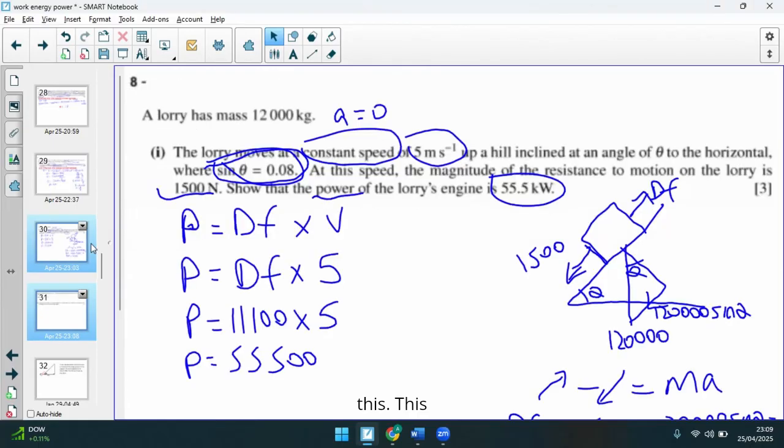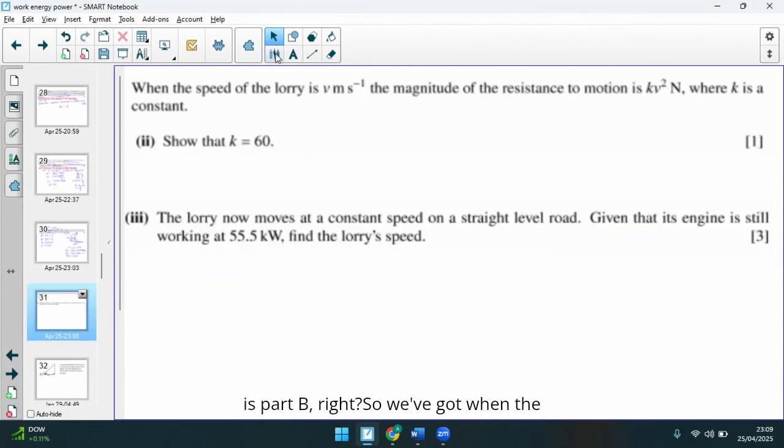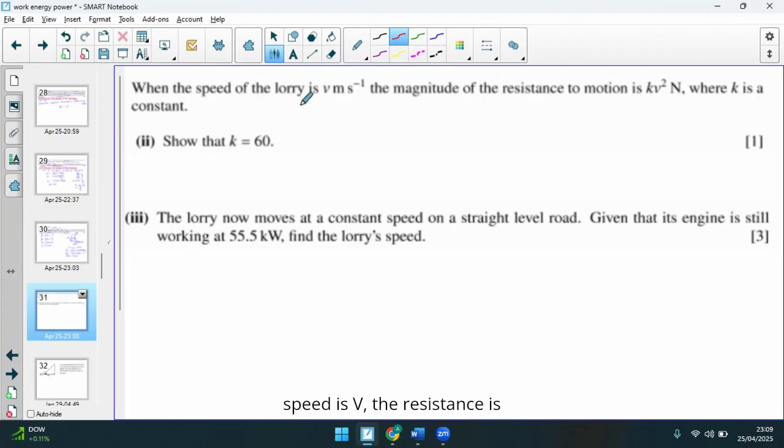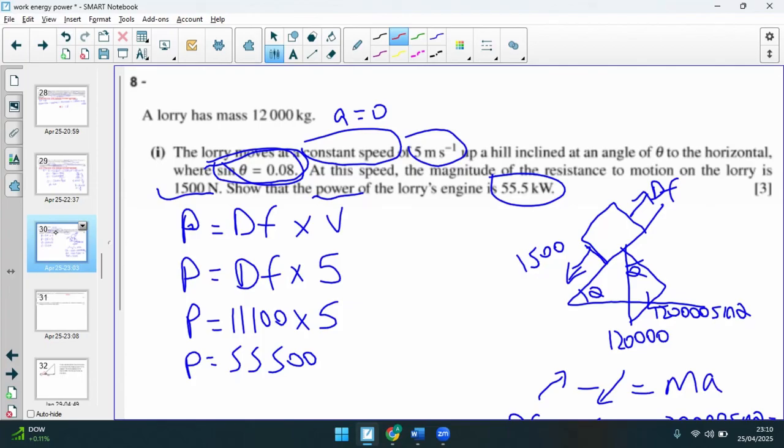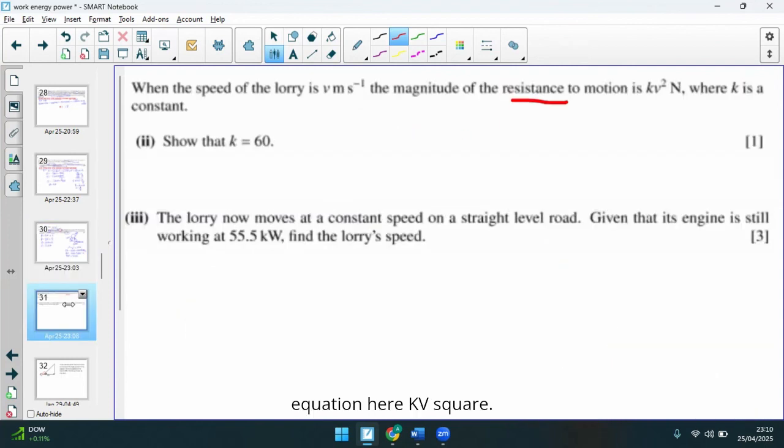So we've got when the speed is v, the resistance is kv square. Now, when the speed was 5 that they gave us, right? So we put 5 into this equation here, kv square. So when the speed is 5, the resistance is 1500.